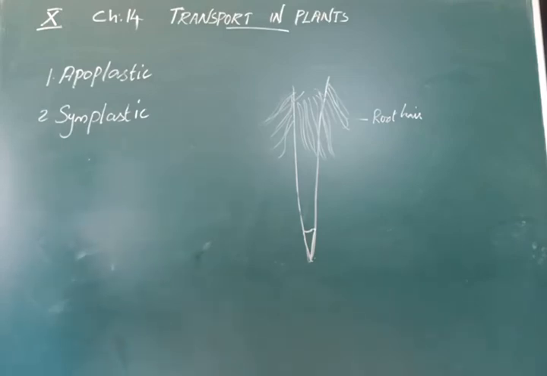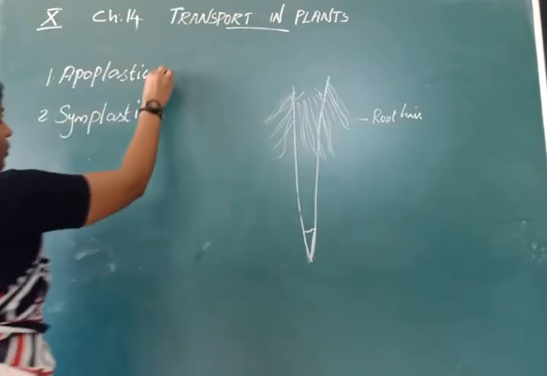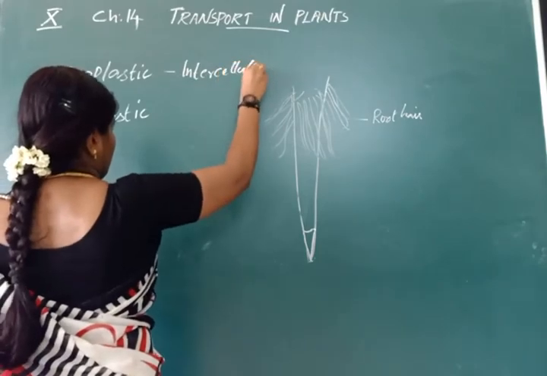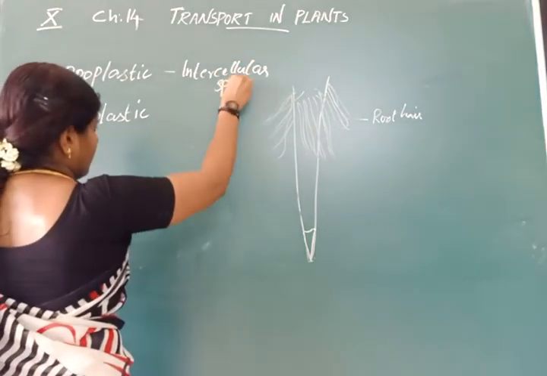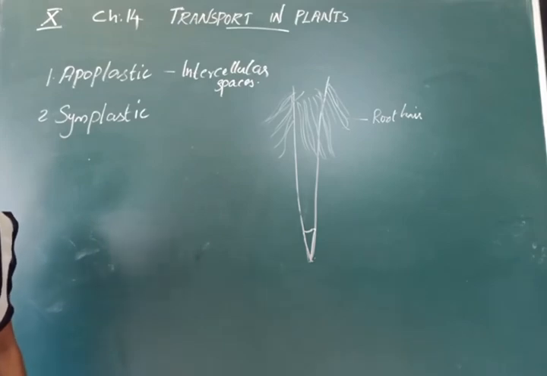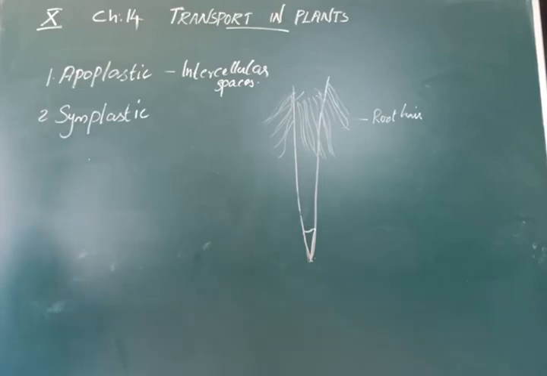Apoplastic pathway means the movement of water molecules through intercellular spaces, without crossing any cell membrane. So no energy is required for this movement; it only depends upon the concentration gradient. So the movement of water through the intercellular spaces without crossing any membrane is called the apoplastic pathway.